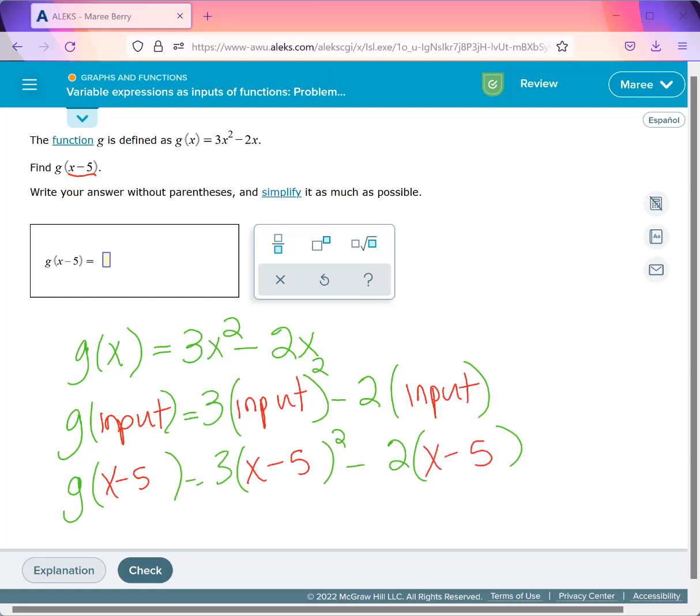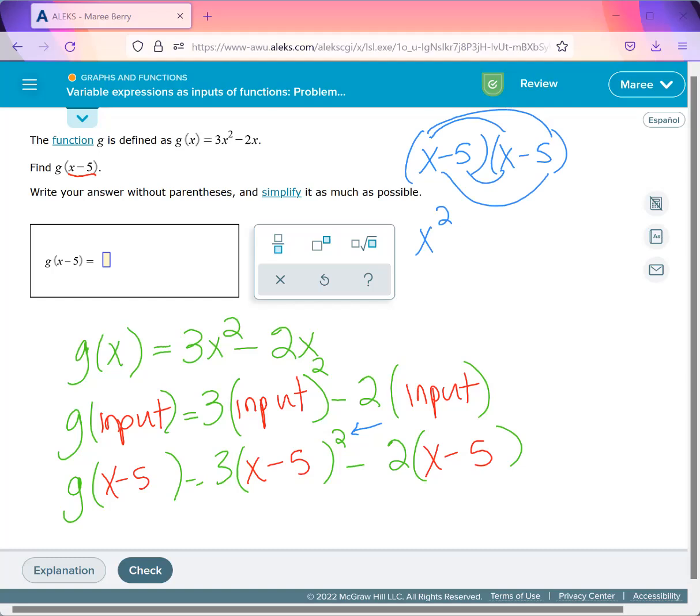So to solve this, we want to focus first on the squared, because when we are doing order of operations, we want to square first. So x minus 5 squared is the same thing as x minus 5 times x minus 5. So we'll do first, outer, inner, last. Our first ones are x squared.